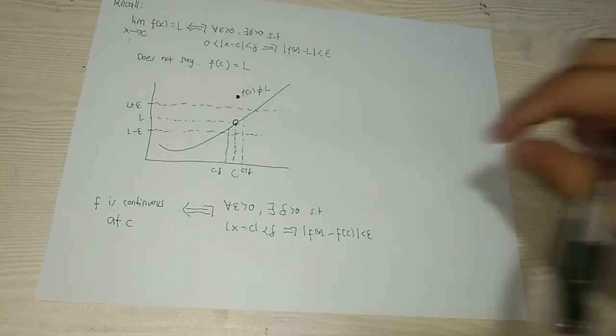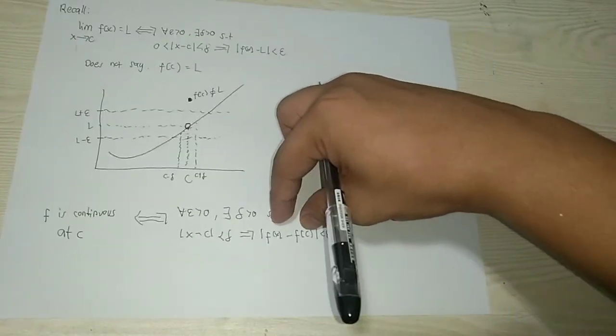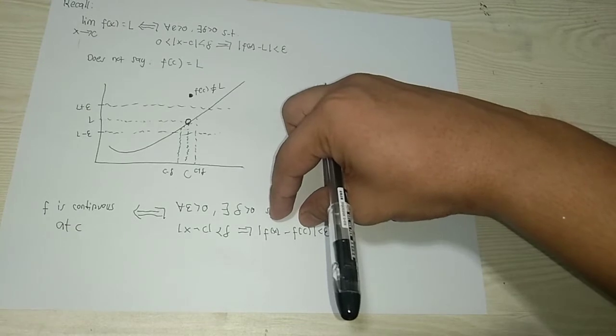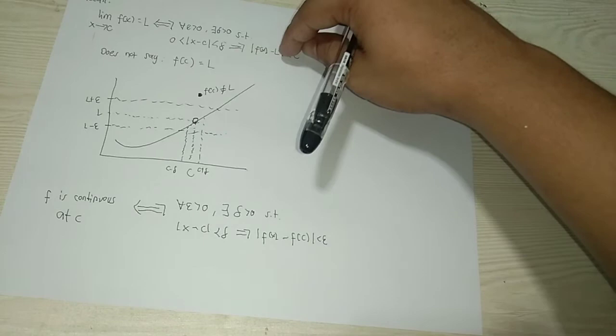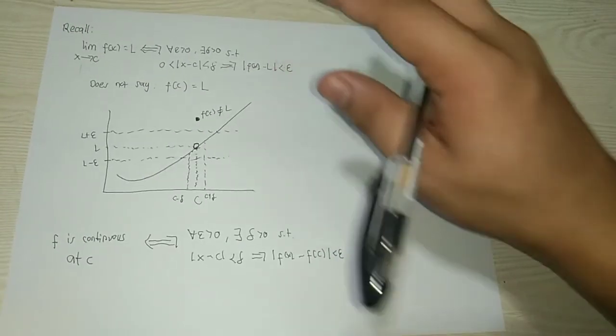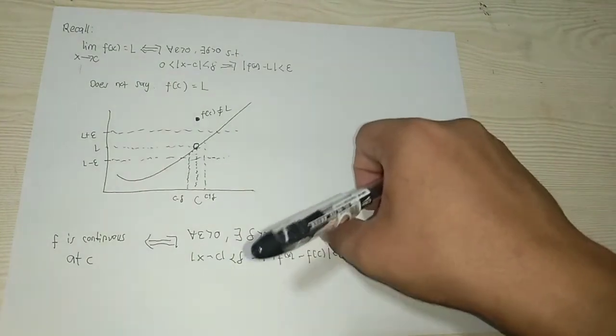Pero kung mapapansin nyo, dito ang limit ay f of c. Kasi yung distance ng f of x tsaka f of c is less than epsilon. Kumbaga yung L dito, which is pwedeng equal, pwedeng not equal sa f of c. Okay? Dito, naka f of c siya.